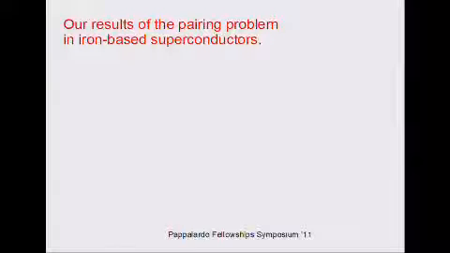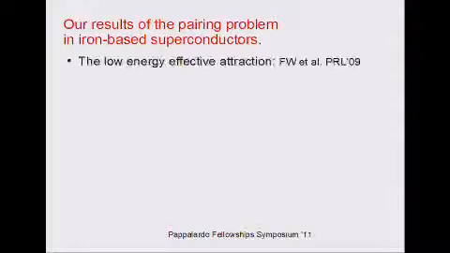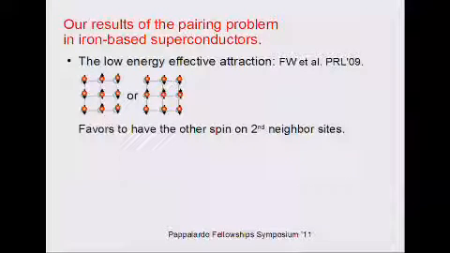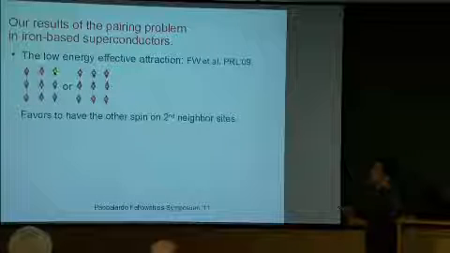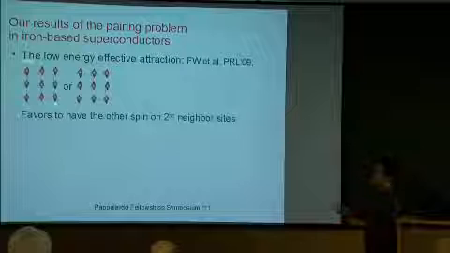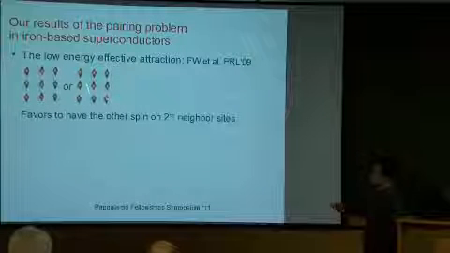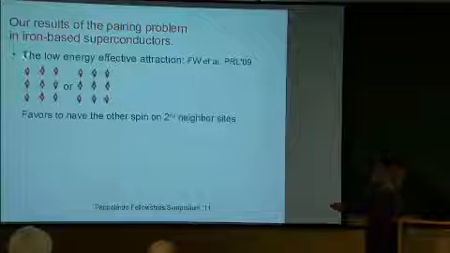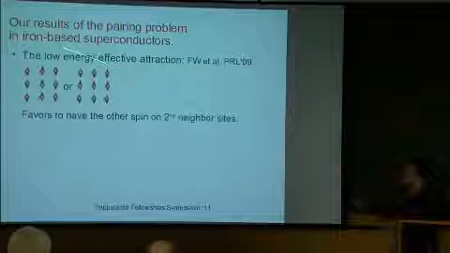So let me show you our results for these iron-based materials. For these iron-based materials, due to their particular material structure, it turns out the electrons favor either this staggered pattern or that staggered pattern. The spins form either vertical or horizontal stripes.